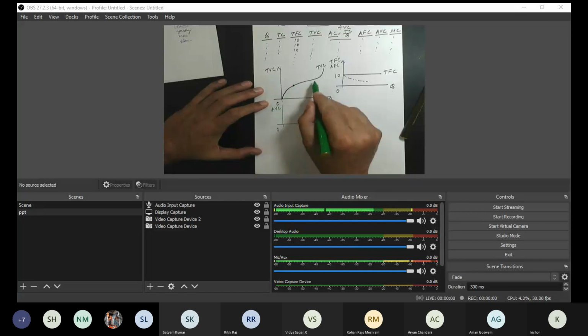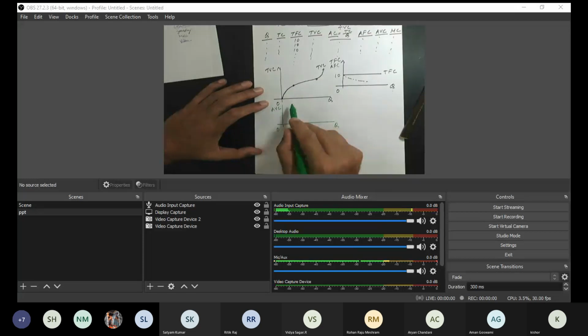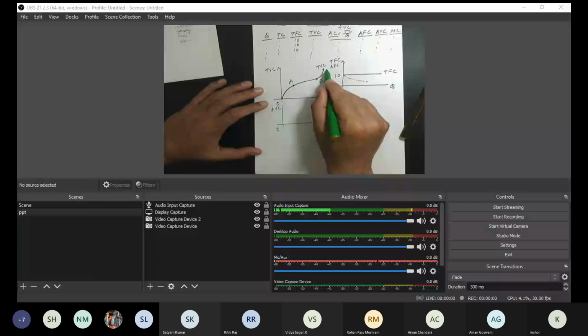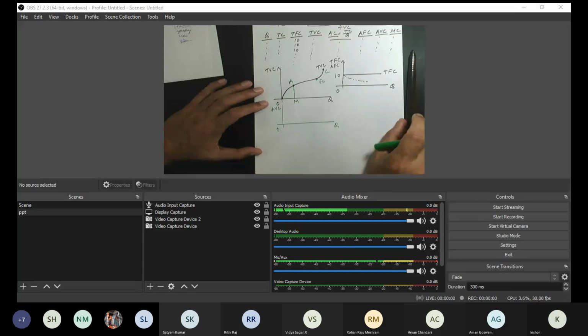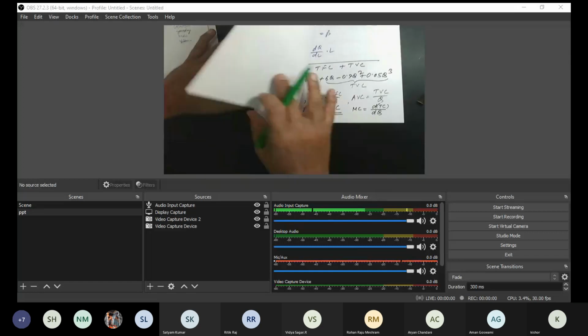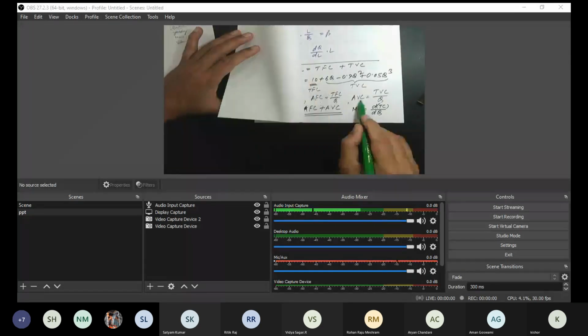Suppose there are 3 points, A, B, C. At point A, suppose this is M. At point A, what is AVC? You know it already, AVC is TVC divided by Q.